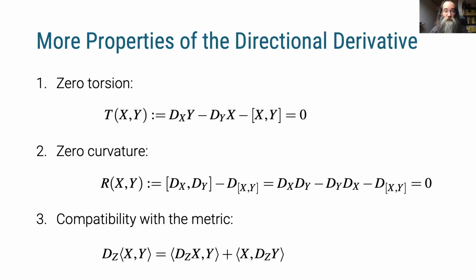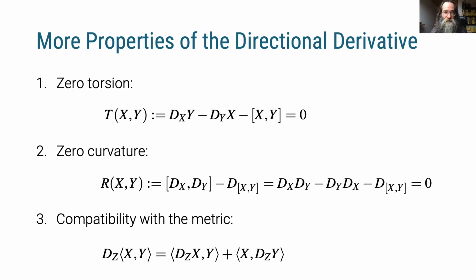The first property we look at is called torsion, and this essentially measures how much the directional derivative commutes. If you take the directional derivative of Y in direction X and the derivative of X in direction Y, in Euclidean space it turns out that the difference is always the Lie bracket between X and Y. So one defines the torsion this way and says that the directional derivative in Euclidean space has 0 torsion.